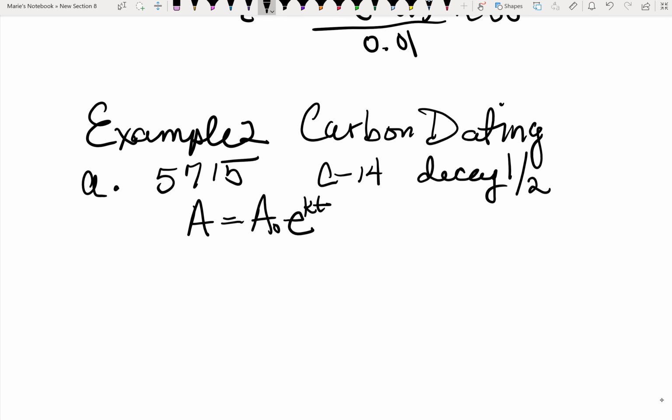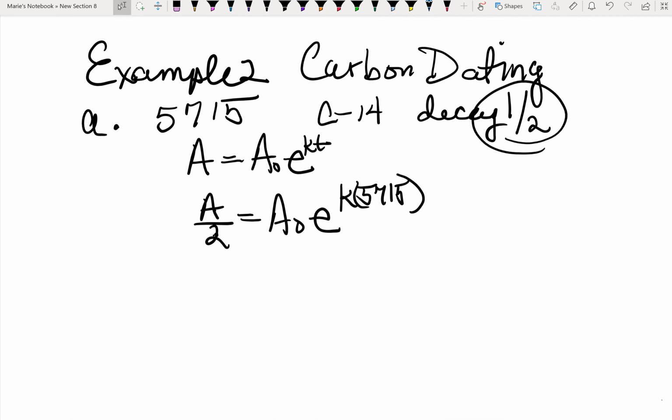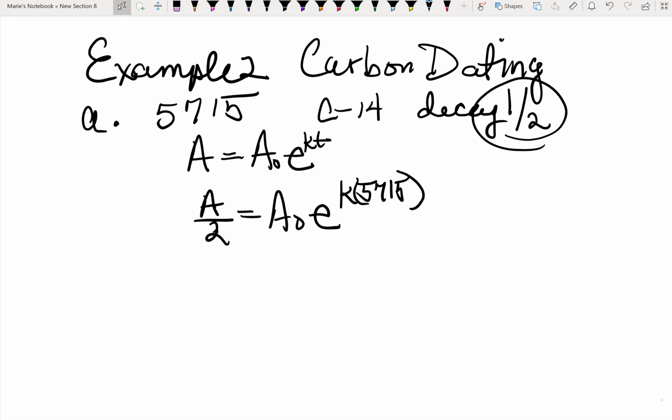Since in this case we're going to decay by half, this becomes a over 2, and that is equal to a sub 0 e to the k times 5,715.